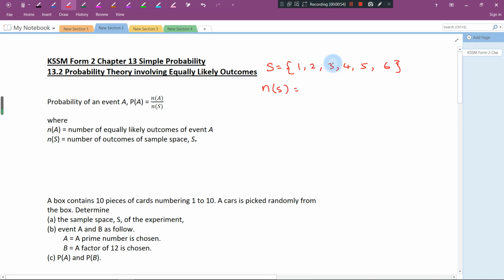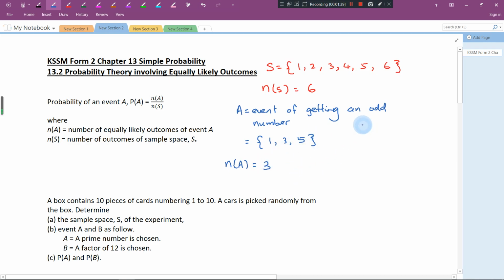Let event A be the event of getting an odd number. From the sample space, how many odd numbers do we have? 1, 3, and 5. So n(A), the number of elements of this set, is 3.